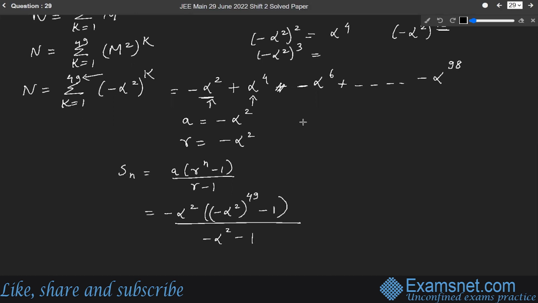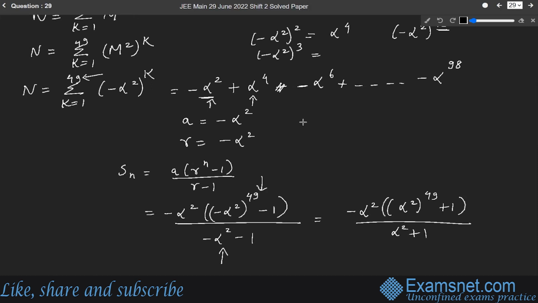Now, if we take the negative sign outside from this particular term and this particular term, this negative sign and negative sign will be cancelled. So we will have minus alpha square into plus alpha square power 49 plus 1 divided by alpha square plus 1.